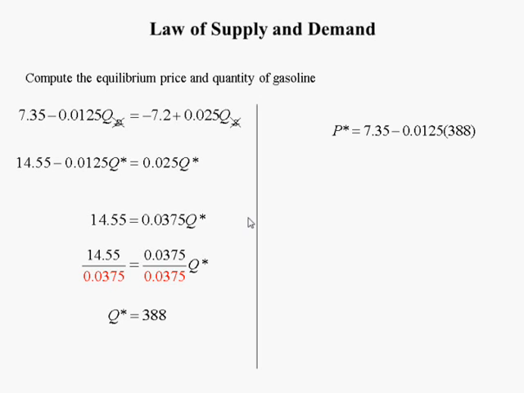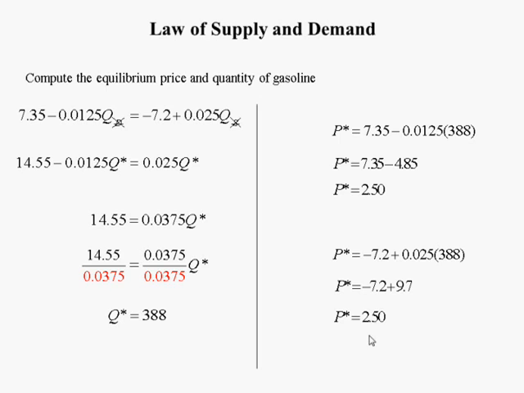Now let's figure out what the price is. The market clearing price, or the equilibrium price. We plug this quantity into the demand curve, and we get $2.50, exactly what we expected. We plug this quantity into the supply curve, and we get exactly what we expected, $2.50. The fact that these two are equal is a result of assuming that this equals price, and this equals price.